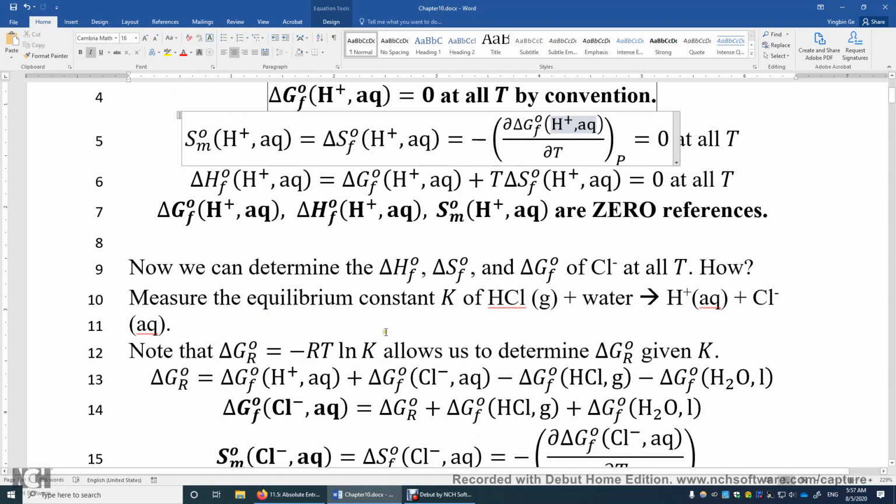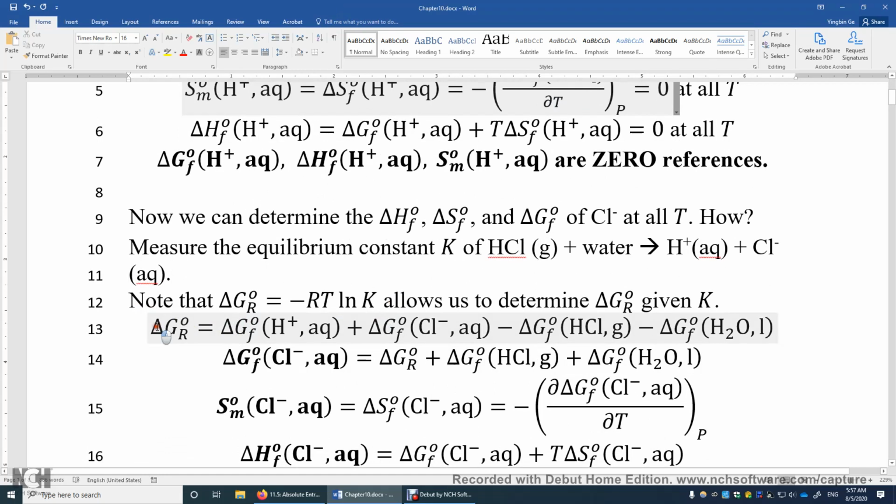Suppose we can measure the equilibrium constant, and then we can determine the Gibbs energy of the reaction in a standard state. Given that, we use this equation for the Gibbs energy of reaction, really it's just the products minus the reactants.